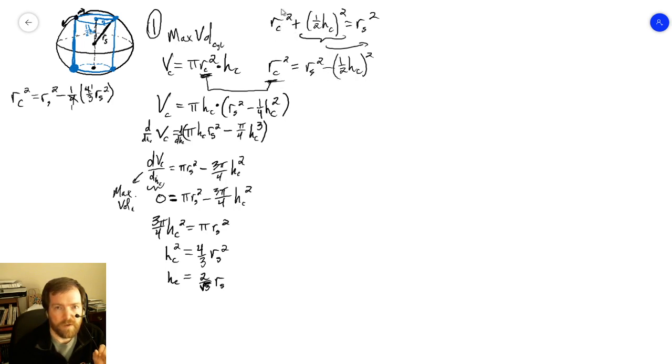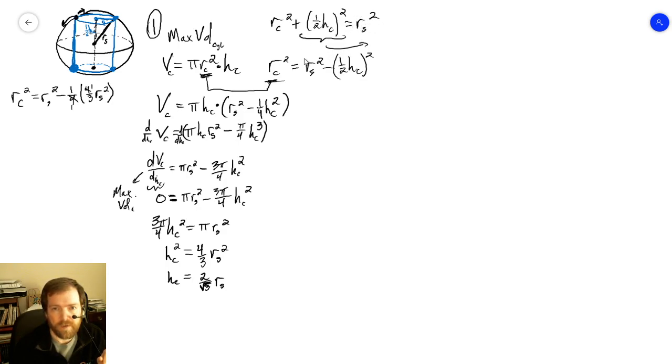So the radius of the cylinder squared plus half the height of the cylinder squared has to be equal to the radius of the sphere squared, which again, was a constant.